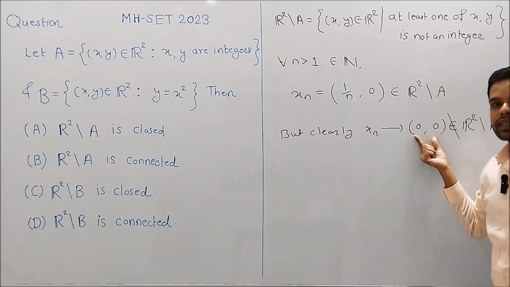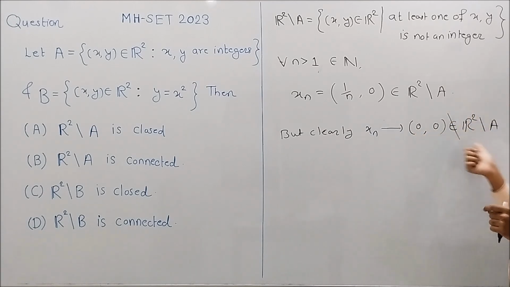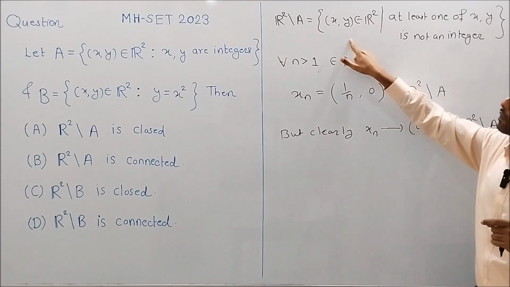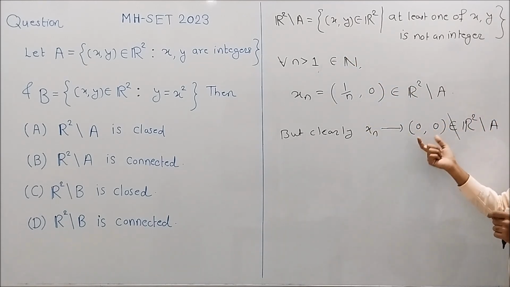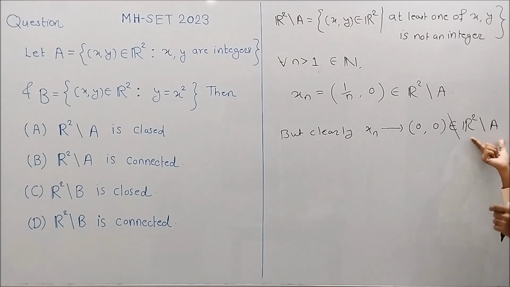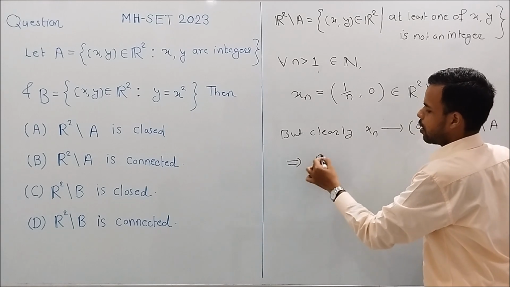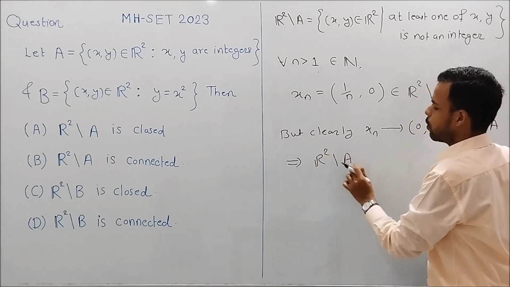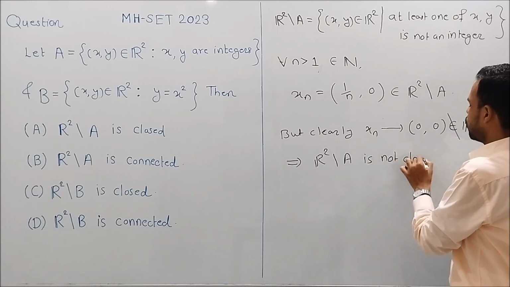Here both of these coordinates are integers. So the ordered pair (0, 0) does not belong to R2 minus A. So there exists a sequence in R2 minus A which converges to a point which is not in R2 minus A. So this implies R2 minus A, that is the complement of A in R2, is not closed.